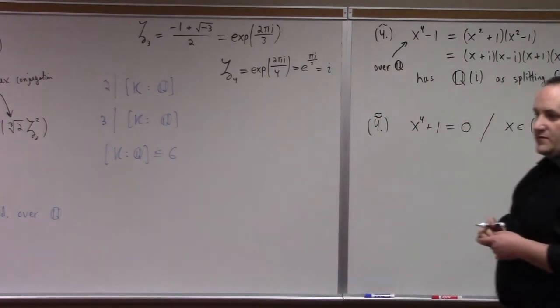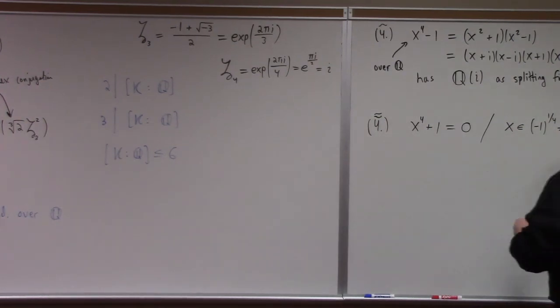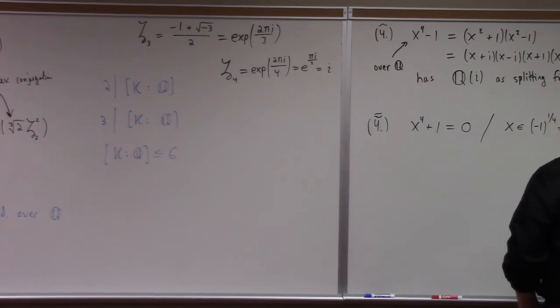Because we got cosine of pi over 2, which is 0, and sine of pi over 2, which is 1, so the Euler formula, cosine pi over 2 plus i sine pi over 2, reduces to just i. And of course, i is a solution to x to the fourth equal to 1, because i times i times i times i is 1.